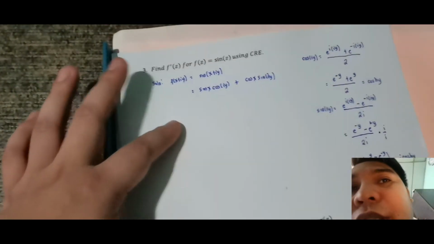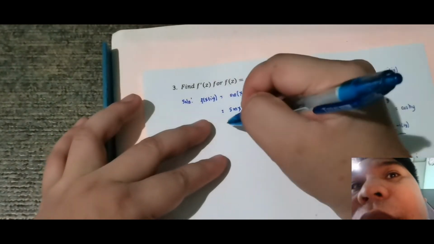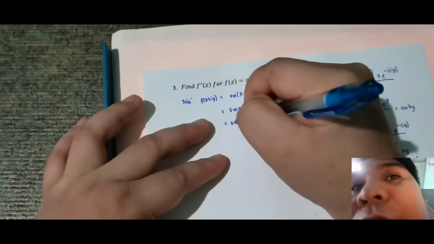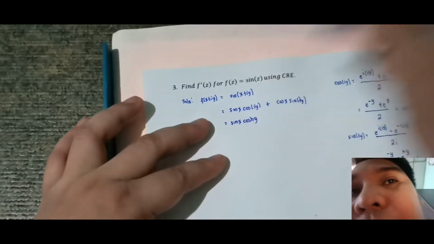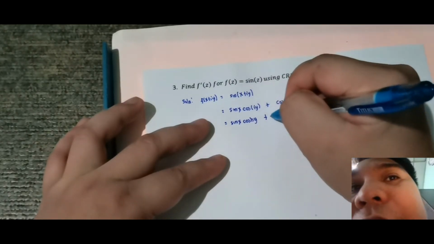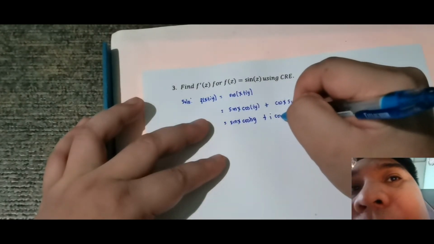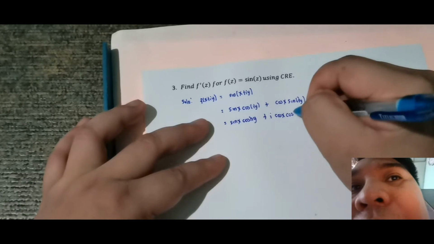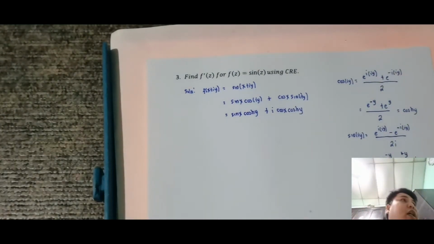So, proceeding here, this is equivalent to sin x cosh of y plus i times cos x sinh of y. Okay, so we have u of x, y and i times v of x, y.